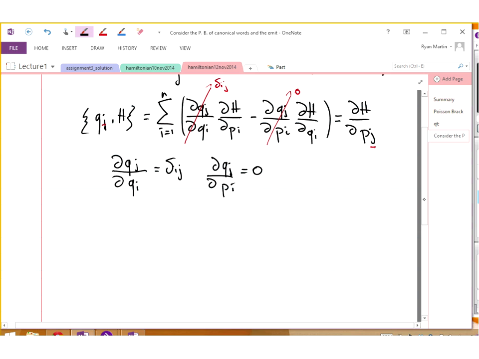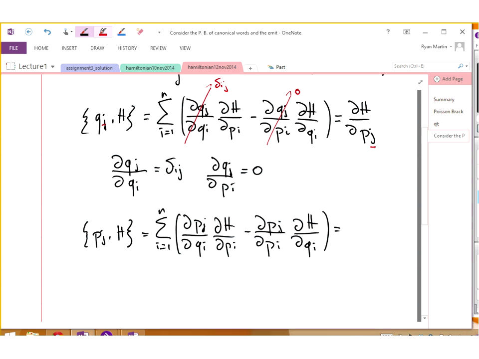So it's similarly trivial to show that the Poisson bracket of Pj with H, if I write out the sum, that's the sum from i equals 1 to n. I have ∂Pj/∂Qi ∂H/∂Pi, minus ∂Pj/∂Pi ∂H/∂Qi.